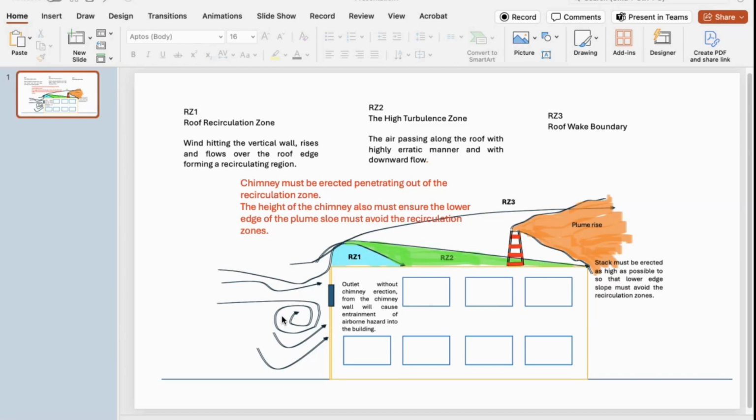This is also a tip for ventilation systems involving airborne hazard control, Department of Occupational Safety and Health, DOSH related matters. Now, when it comes to local exhaust ventilation systems, there is a lot of misconception that I just need to worry about the hood, capture velocity, transport velocity, and the chimney doesn't come under my purview because it's under the Department of Environment.